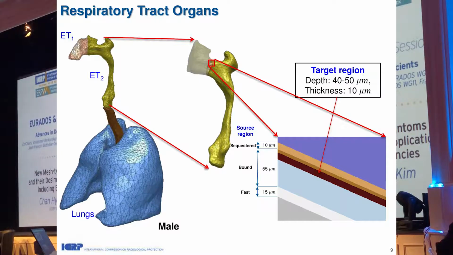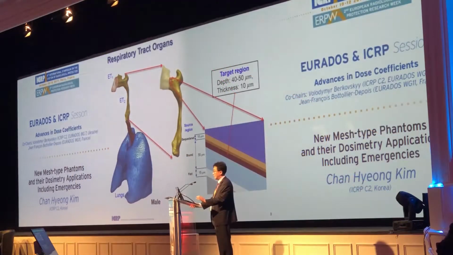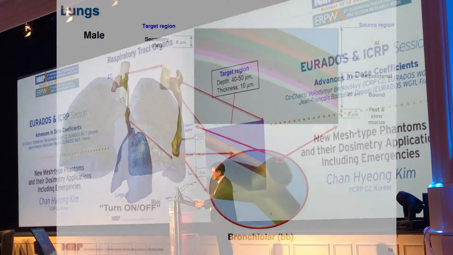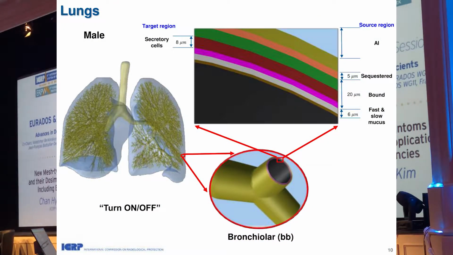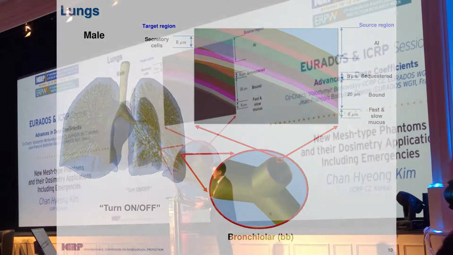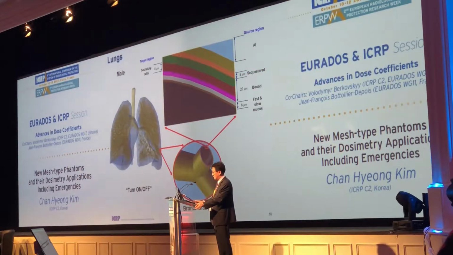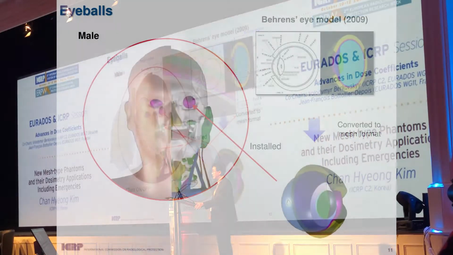In the case of respiratory tract organs, you can see a number of layers, and these define the source regions and target regions. This is the lungs. It was already explained by Dr. Maria Zhang. It has a very detailed structure, and is quite complicated indeed.